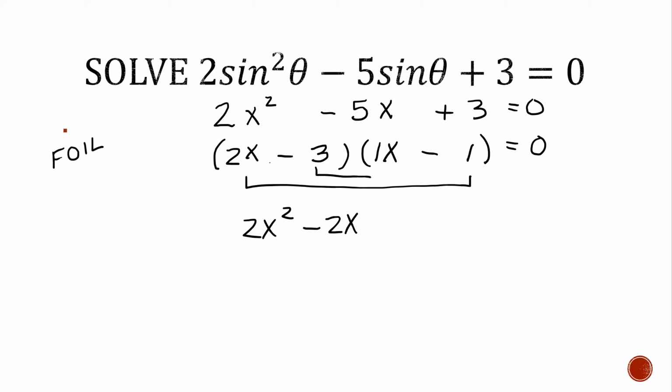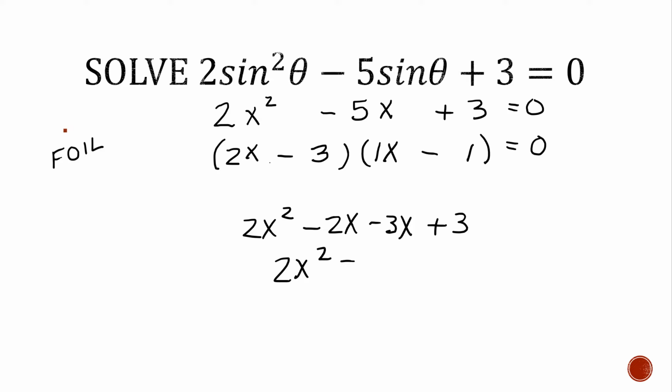Then I would do the inside. That gives me negative 3x. And then finally, I would do the last. Negative 3 times negative 1 gives me positive 3. I would then combine my middle terms. So 2x squared minus 5x plus 3, and I would check it against the original problem to make sure that I've got things set up correctly.